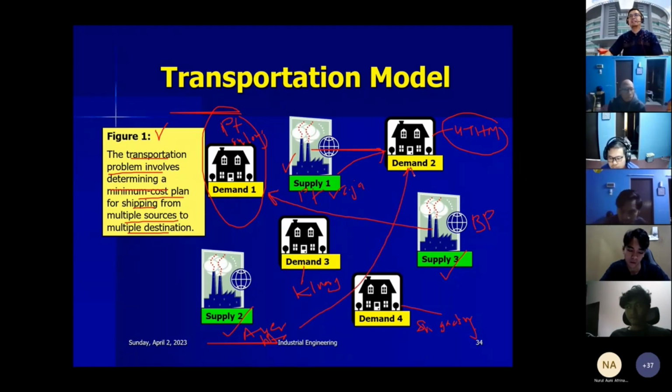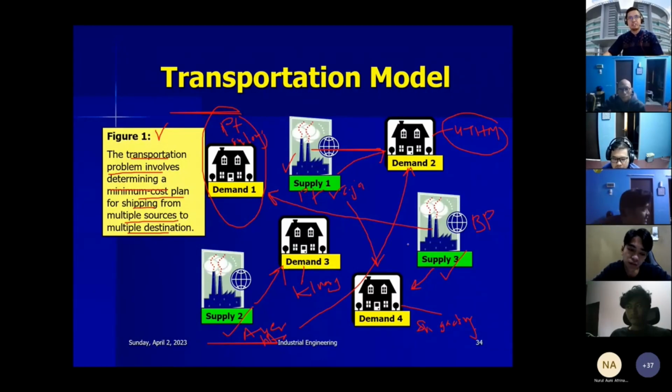This is how we call it the transportation model. And for demand 3, Keluang, the nearest one is Air Hitam. For Sri Gading, the nearest one is Parit Raja, right? Batu Pahat can also supply demand number 2. This is how the transportation model looks in supply chain management.